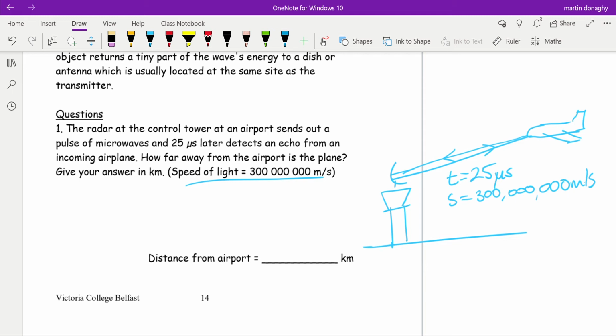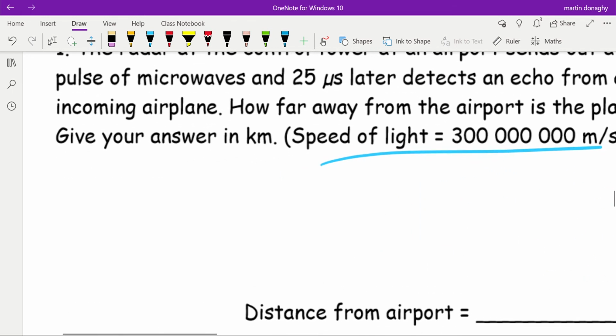If we look more closely at the time, we have a time of 25 microseconds. That little symbol there is for microseconds. We've come across things like kilo, mega, milli, centi. All those things tell us something about the quantity that's being measured. Micro is just like that.